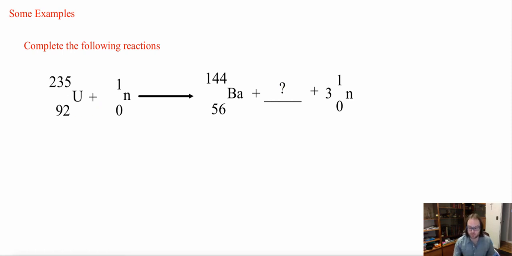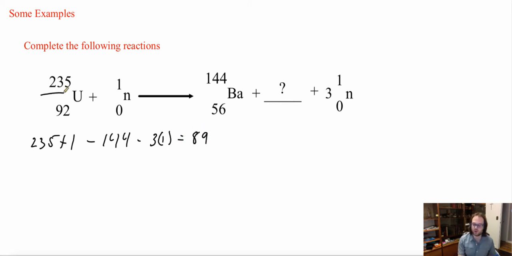So in other words, I'm going to have 235 plus 1, and then we're going to minus 144 minus 3 times 1, and that's going to give me a total of 89. So I'm going to have some atom with 89 nucleons.